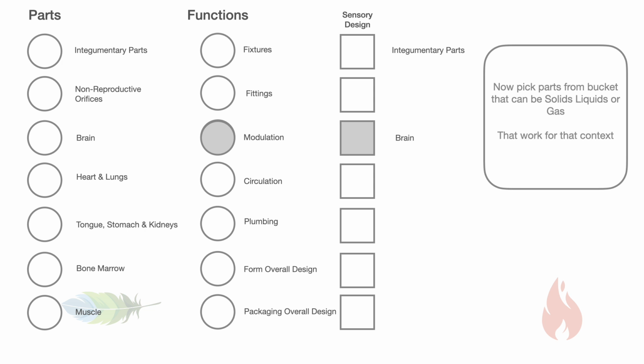Okay, very cool. So integumentary parts definitely help with modulation. Some take in sensation and some give off sensation. So, all right, integumentary parts, that works. And then we've got the brain, which definitely helps with modulation and also helps with sensory design.